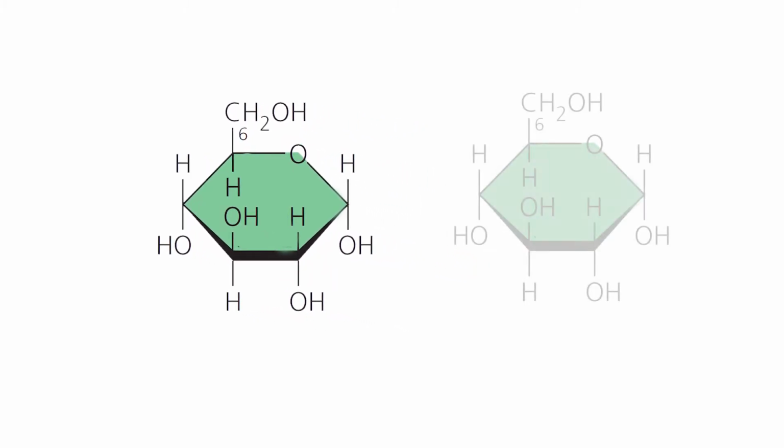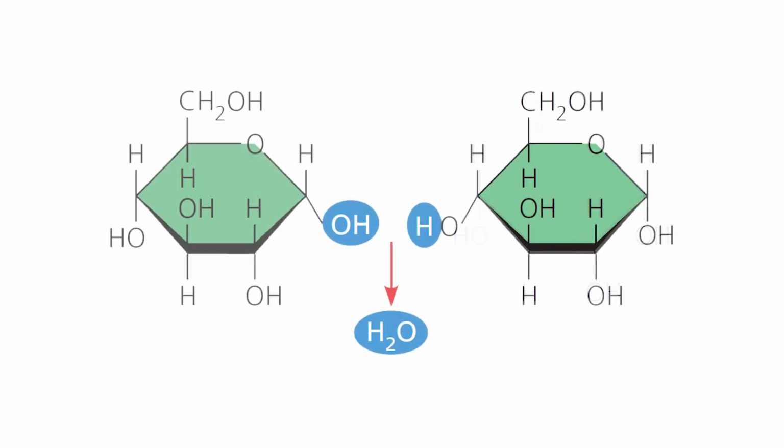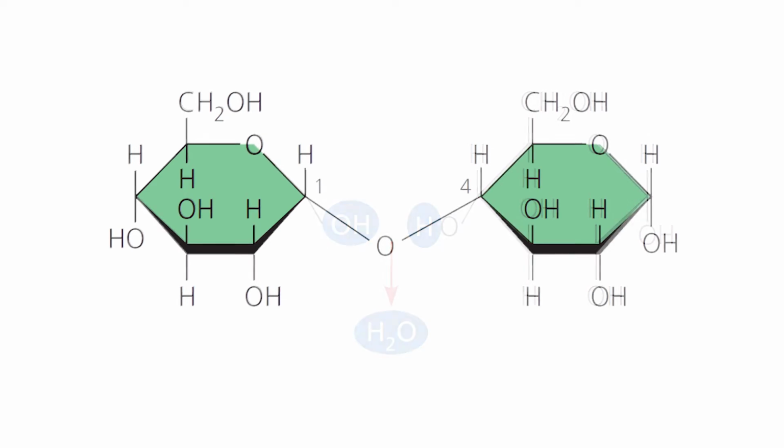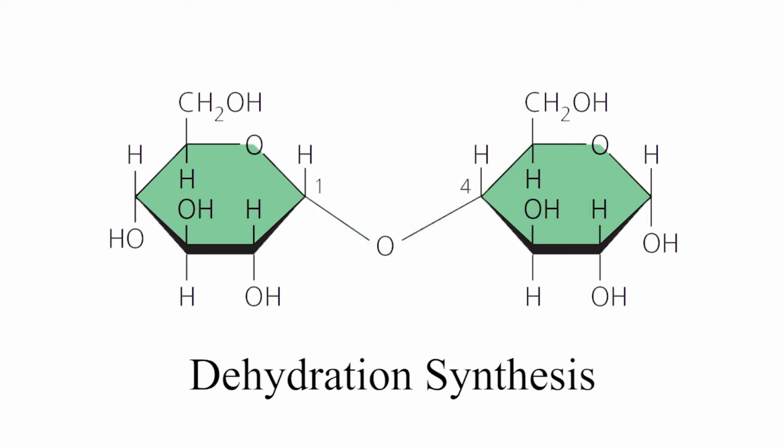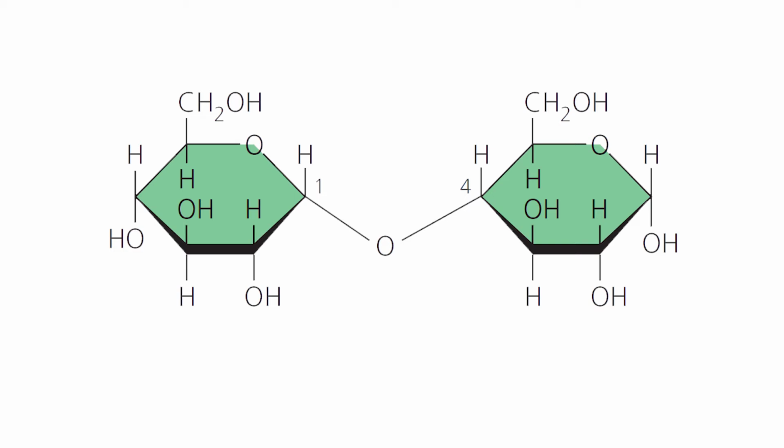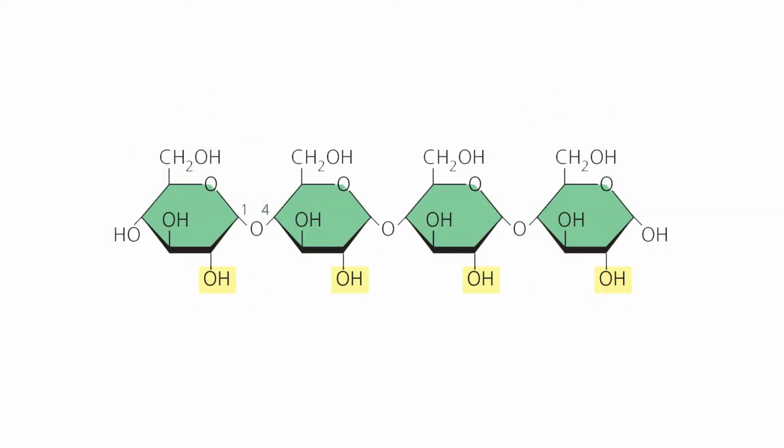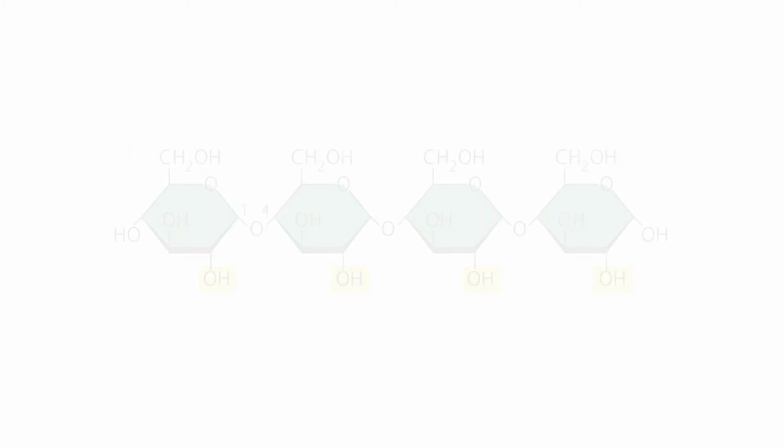These hydroxyl groups on two different molecules come together, releasing a water molecule and leaving behind an oxygen binding the two glucoses. This is called a dehydration synthesis because you lose a water molecule linking them together. You can keep on extending this polysaccharide through this process of dehydration synthesis.